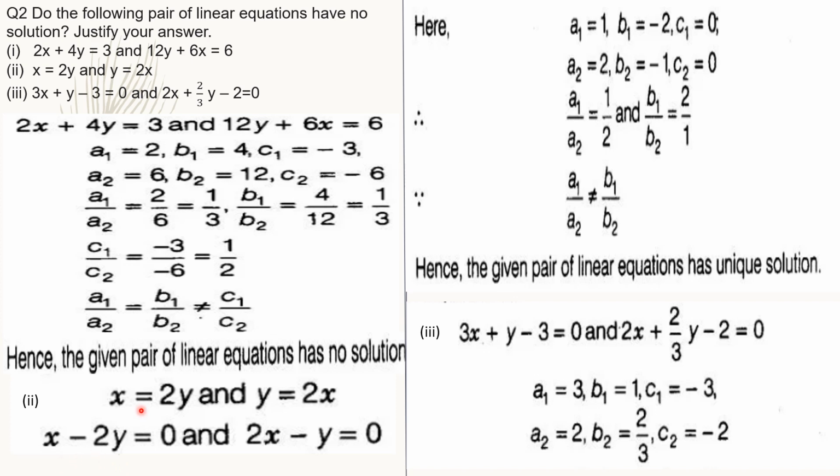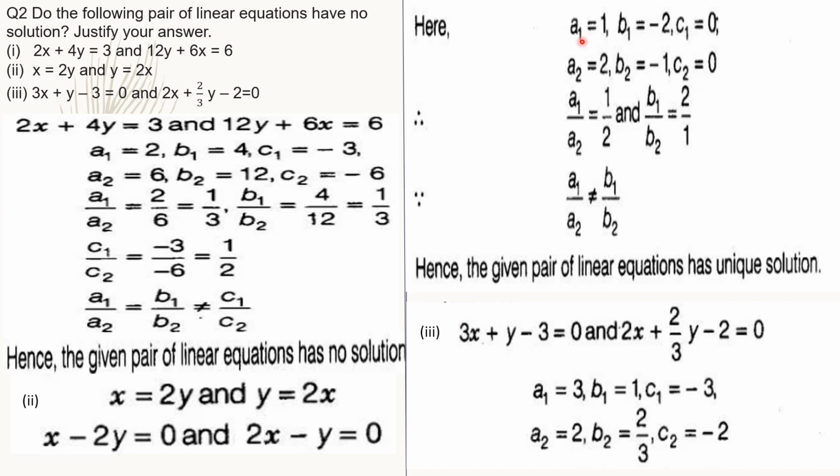So we can write x equals 2y as x minus 2y equals 0, and we can write y equals 2x as 2x minus y equals 0. Here in both equations the constant terms are not given, so the value of the constant terms is 0 in both equations. Let us find the coefficient values.